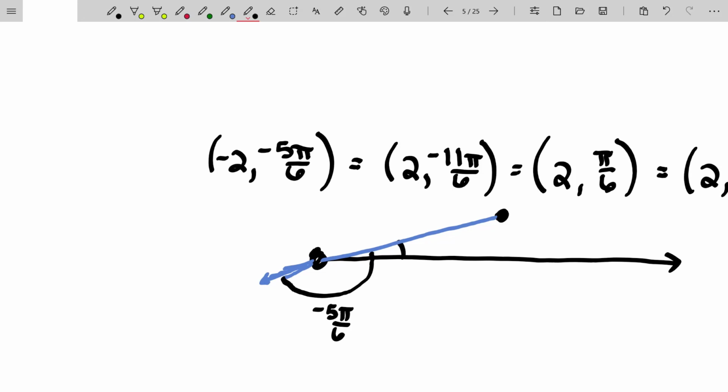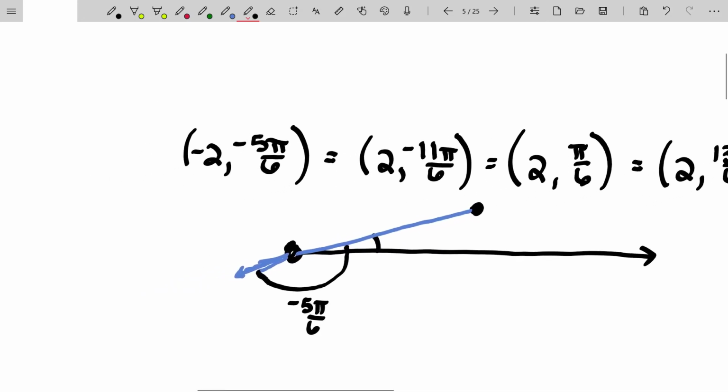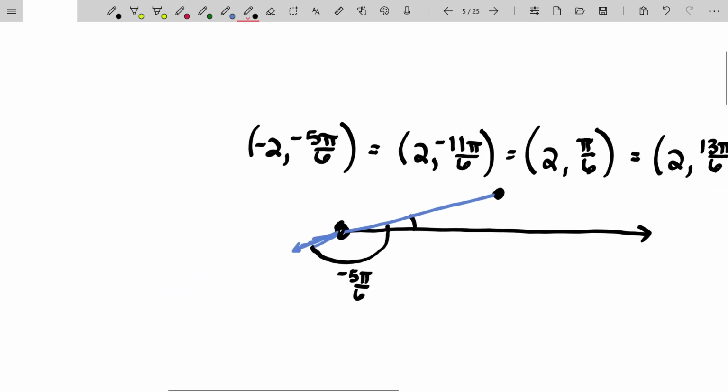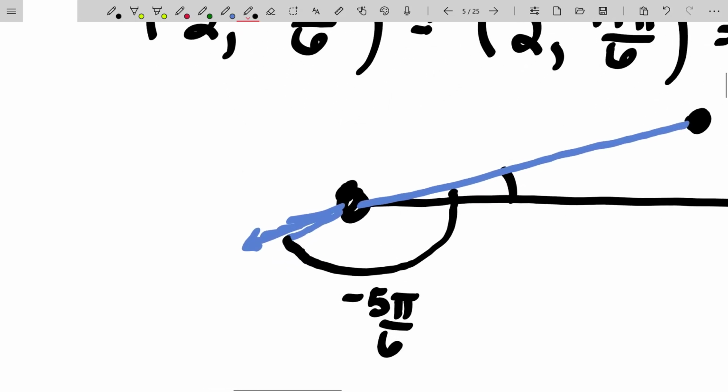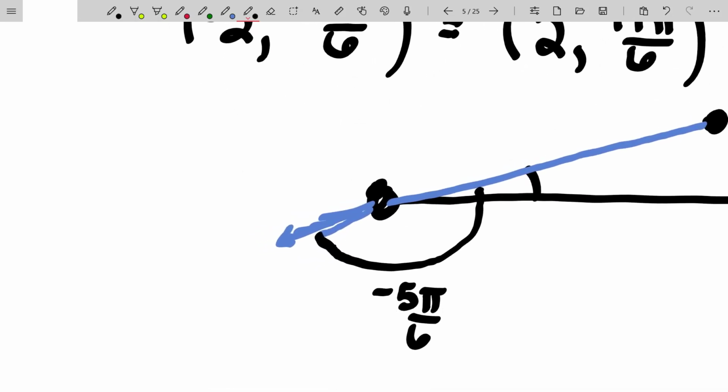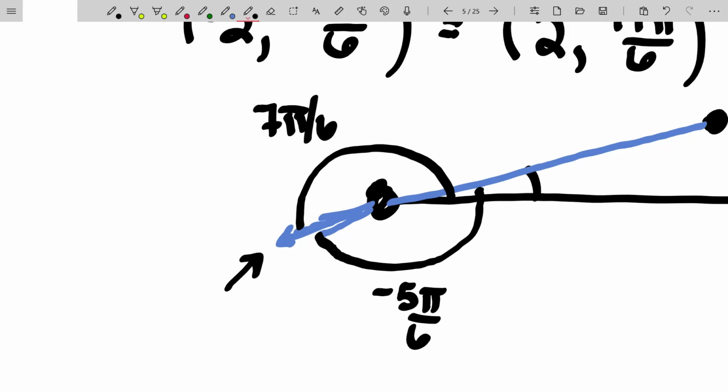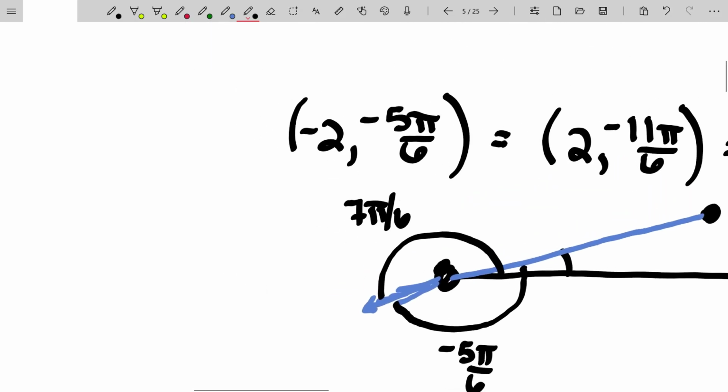Now I've already listed 3 alternative points, but let me just list one more. You could keep going all day long. There's an infinite number of representations, but you could have also said, you know what? I'm going to rotate forward to 7 pi over 6. And then now that I'm facing this blue arrow direction right here, I'll step backwards 2 units.